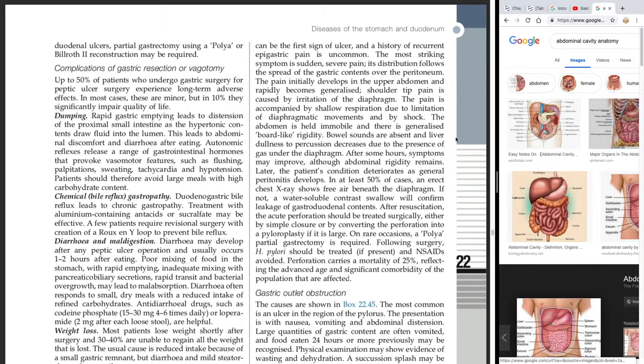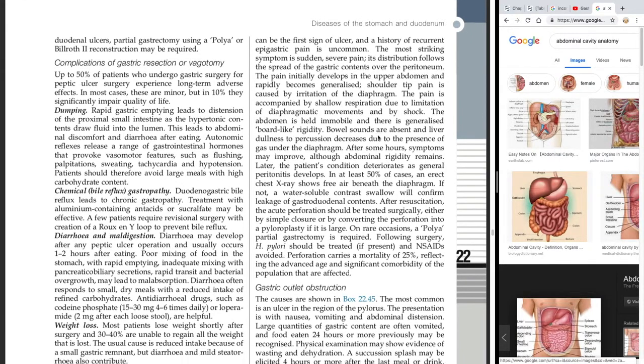It's because whenever parts of the abdomen move, it causes intense pain, and so your muscles will contract and try to prevent any movement at all. And then when you do an abdominal examination and you try to palpate, you try to press down on the abdomen, it feels like a cardboard. So it's termed board-like rigidity.